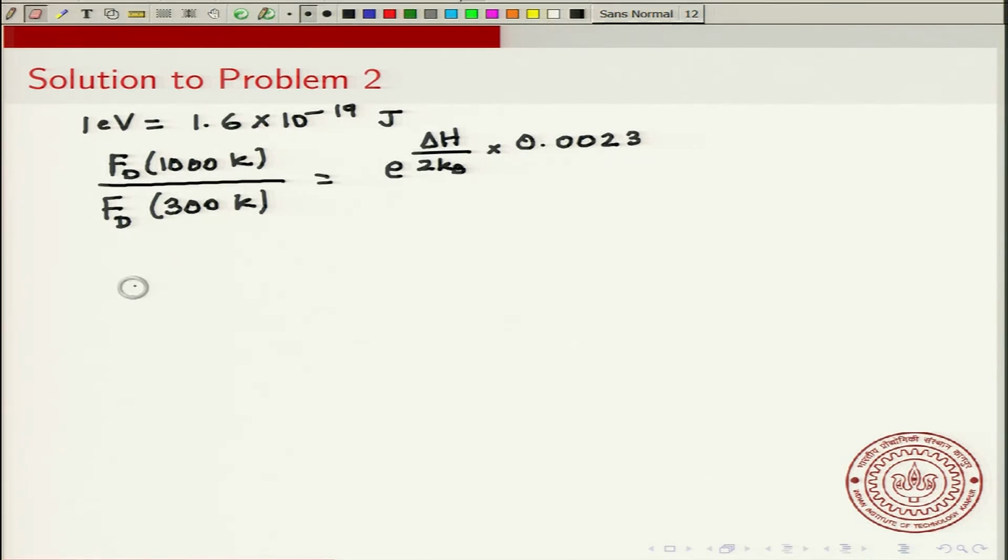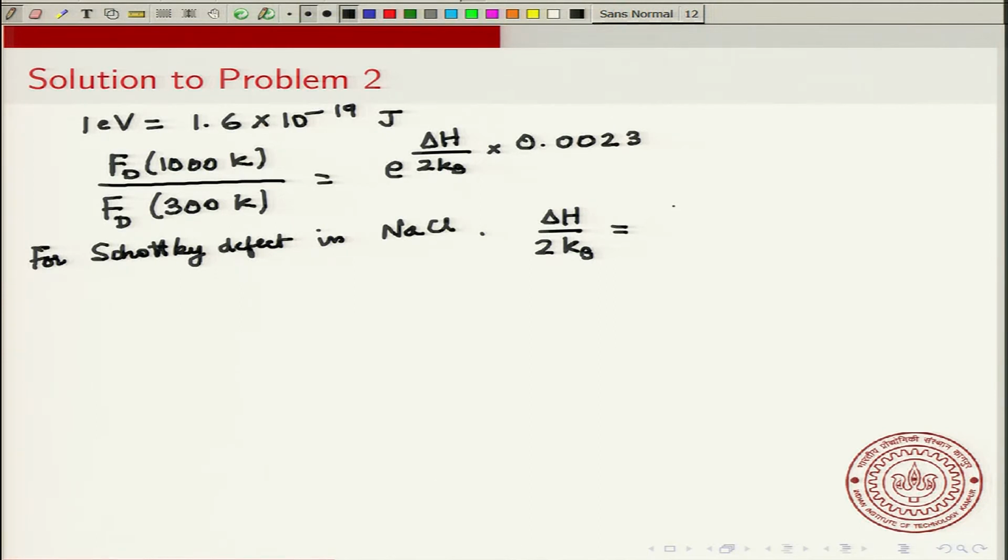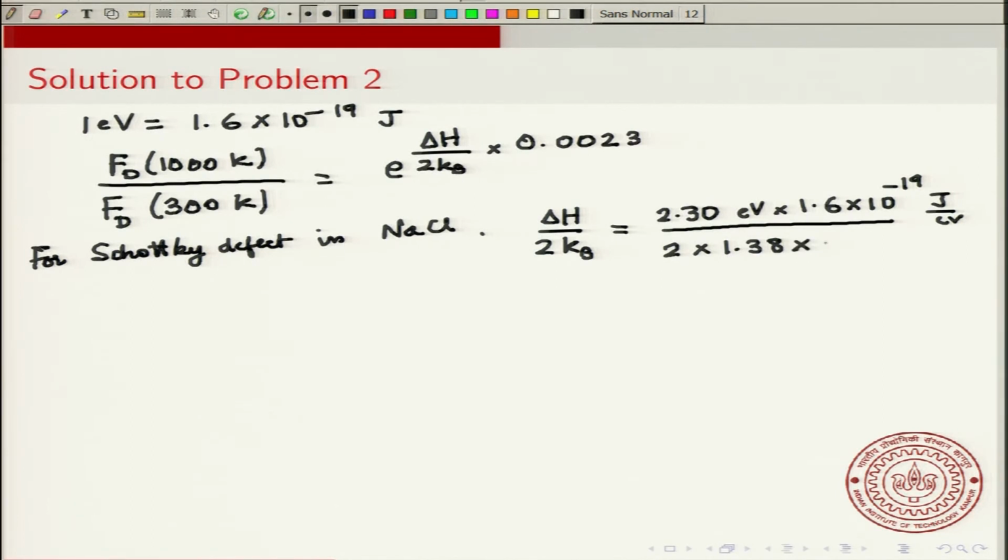This is for Schottky defects. 2.30 electron volts into 1.6 into 10 raised to minus 19 joule per electron volt, divided by 2 into 1.38 into 10 raised to minus 23.